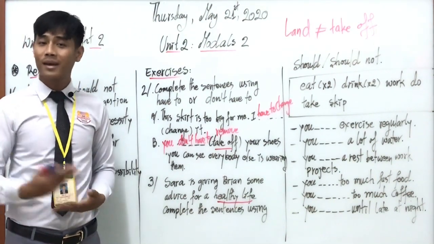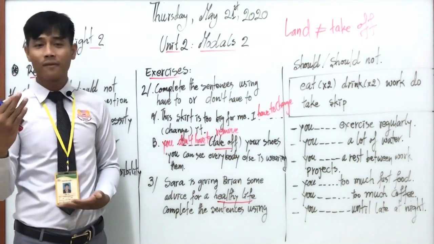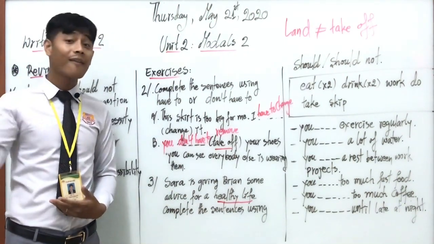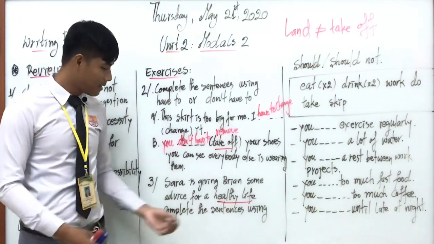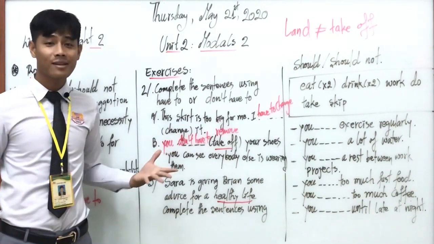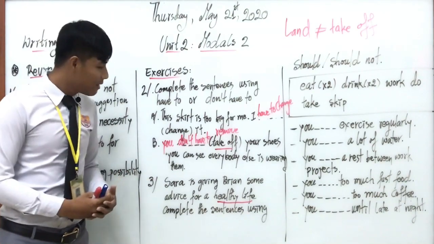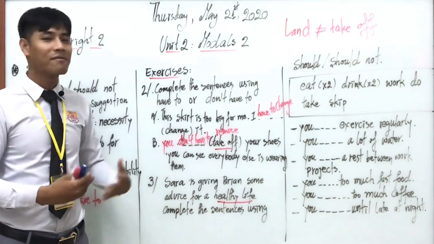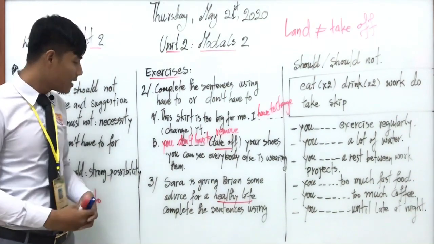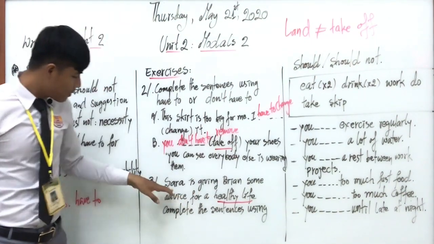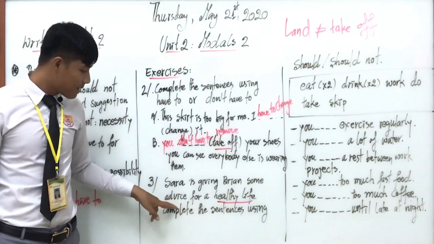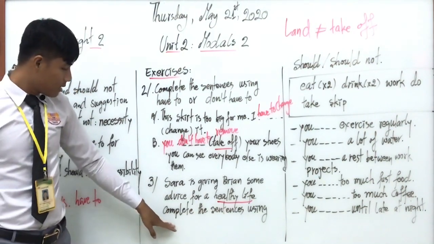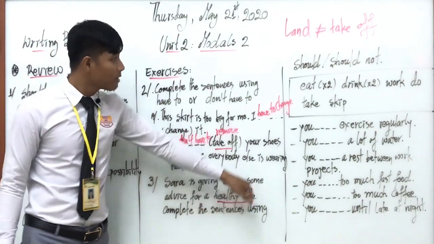You should sleep enough. You should drink a lot of water. You should relax also. Don't stress. If you stress too much, sometimes you will feel depression. Yeah, depression. Good.